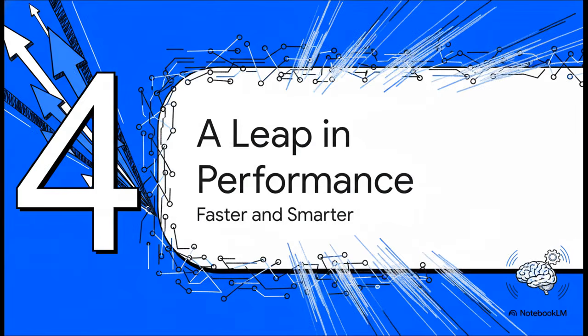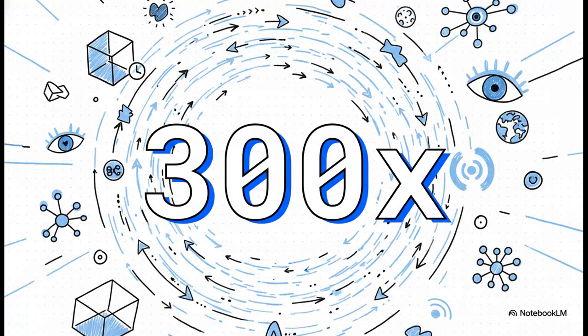Okay, so the idea is clever, it's elegant, but does it actually work? Well, this is where things get, frankly, a little nuts. D4RT isn't just a slightly better idea. It is a massive leap forward in both speed and accuracy. Just let that number sink in for a second. We're not talking 3 times faster, or even 30 times faster.